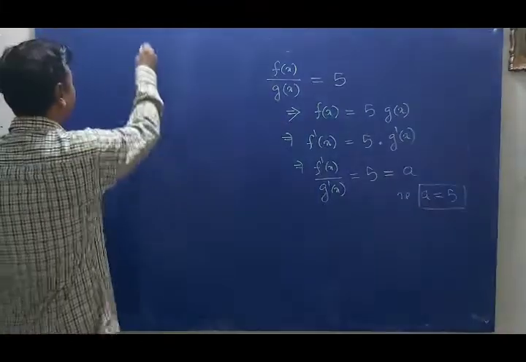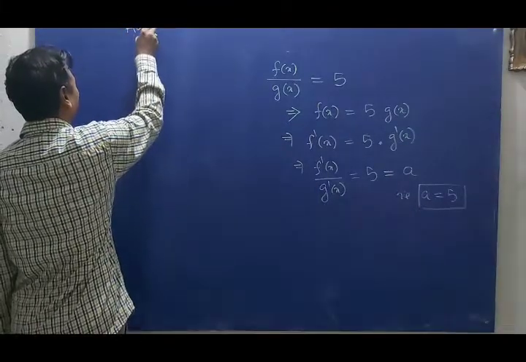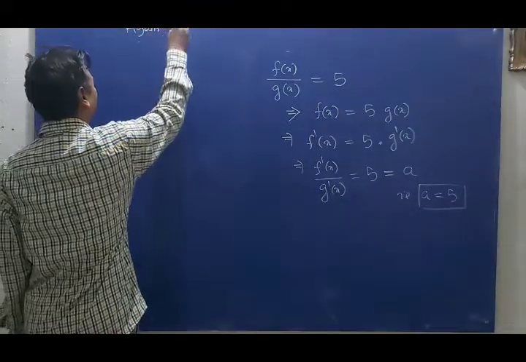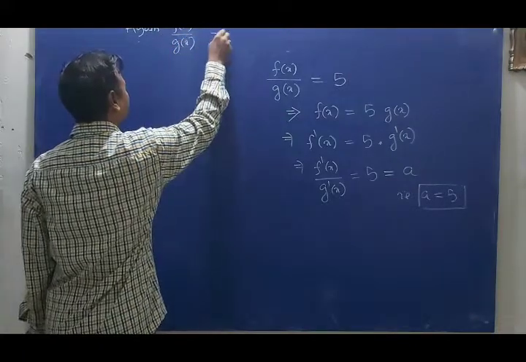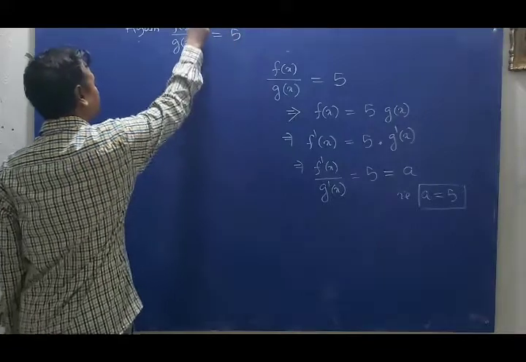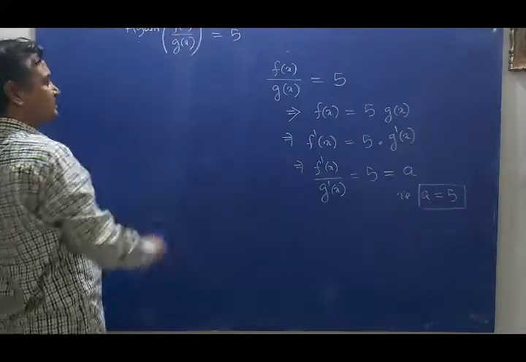Again, f of x by g of x is equal to 5. Take this as a function h of x.